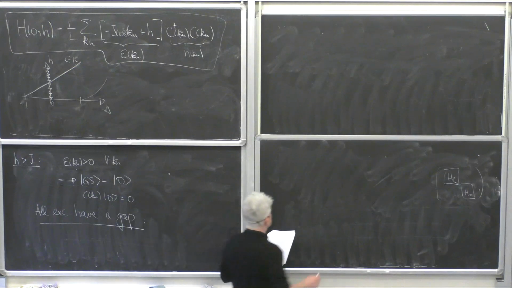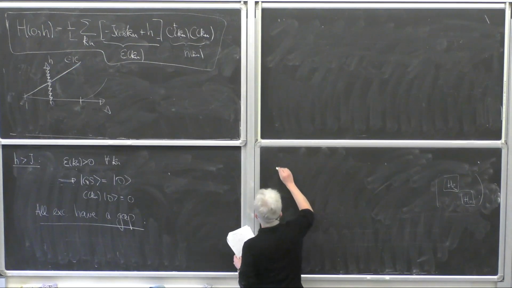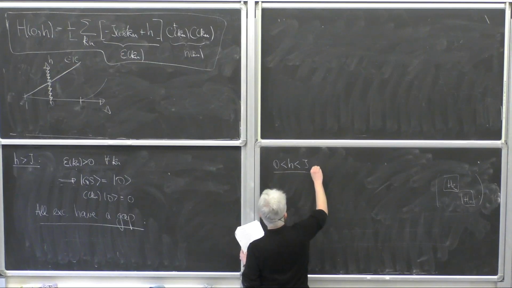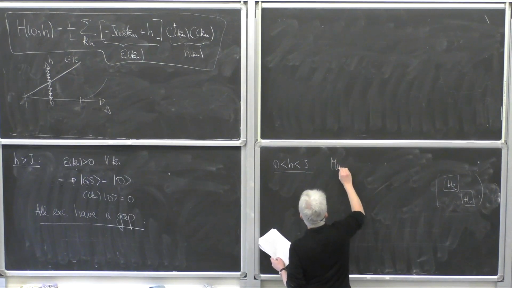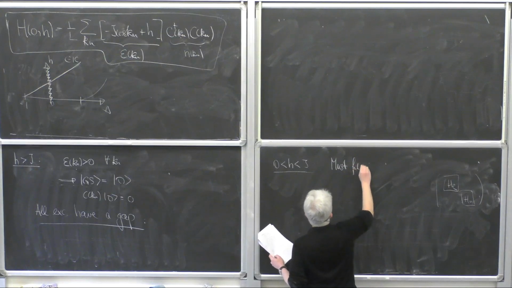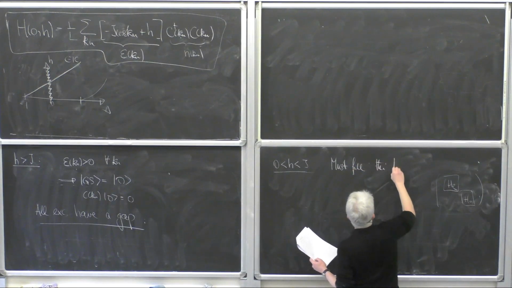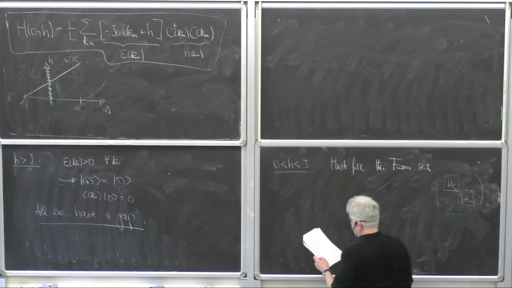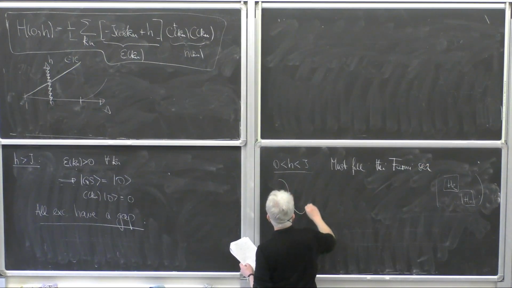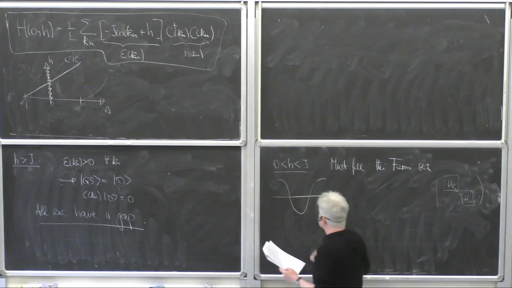And the other regime is h between 0 and J. So there we must fill the Fermi sea. Yeah, so epsilon of k looks something like this.